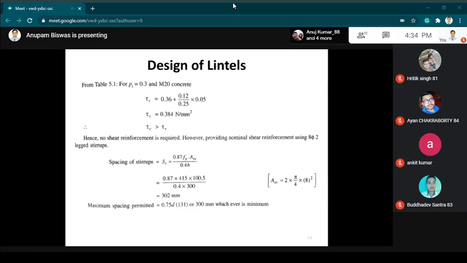Using 8 mm bars of two-legged stirrup, we have to obtain the spacing of the stirrup. The spacing formula is 0.87 Fy Asv by 0.4 b. From here we obtain the spacing of stirrup as 302 millimeter.